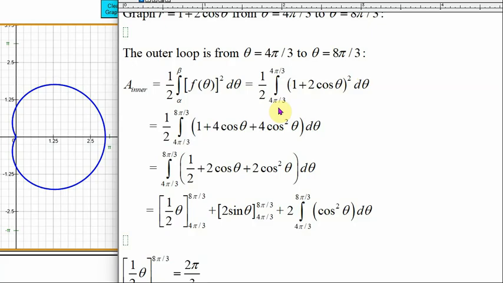And then just like before, 1 plus 2 cosine of theta squared is 1 plus 4 cosine theta plus 4 times cosine squared of theta.